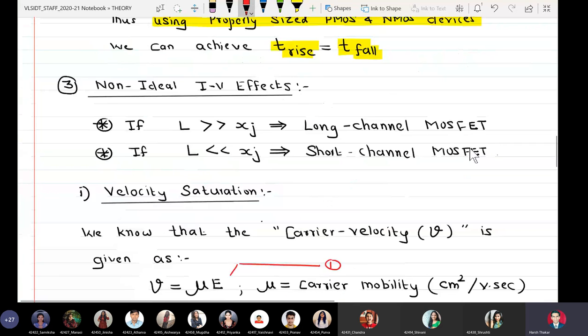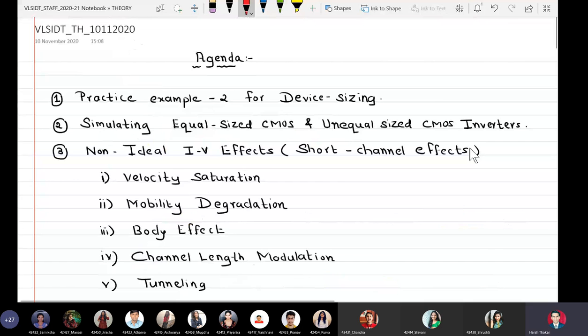Now you come to the second effect, that is mobility degradation.